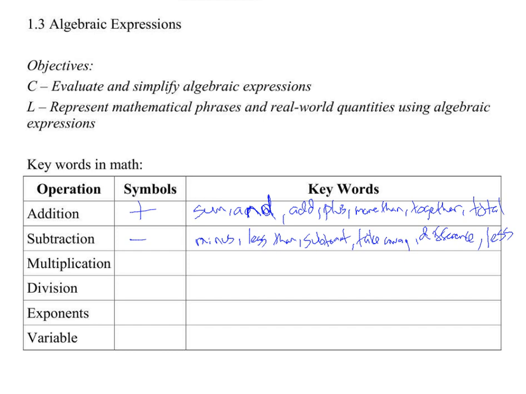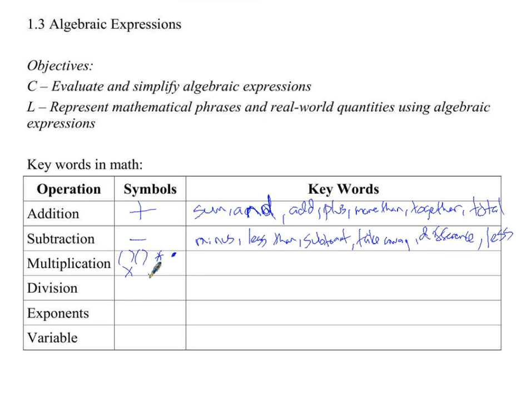Multiplication. Do we have any symbols for multiplication that we know? We have parentheses. If you're on a computer, you might see the asterisk. We have the dot. The X is something that we've gotten away from completely, but I'll put it on there. We don't use that symbol anymore because it looks like an x variable.